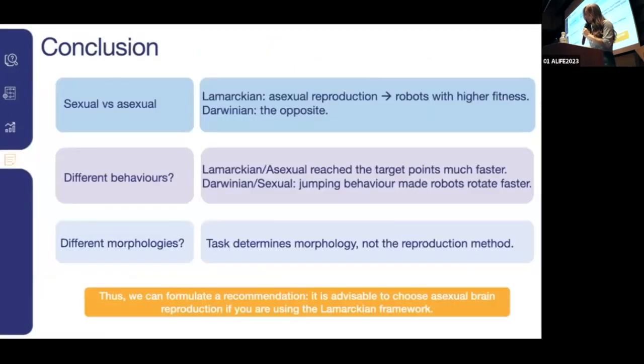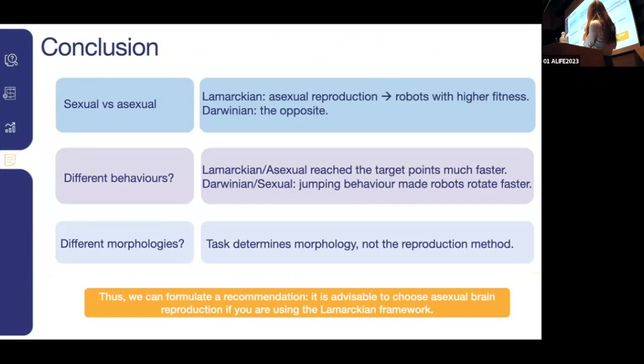In conclusion, with regards to the task performance comparing sexual against asexual brain reproduction, Lamarckian asexual reproduction leads to robots with higher fitness, while in the Darwinian framework, the effect is the opposite. Regarding the different robot behaviors, Lamarckian asexual reached the target points much faster.